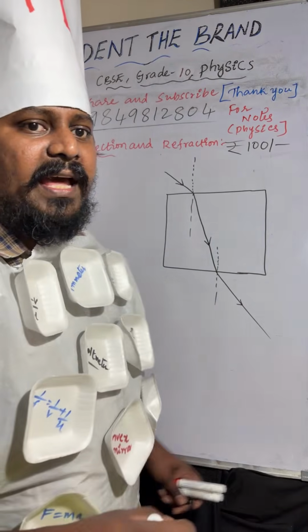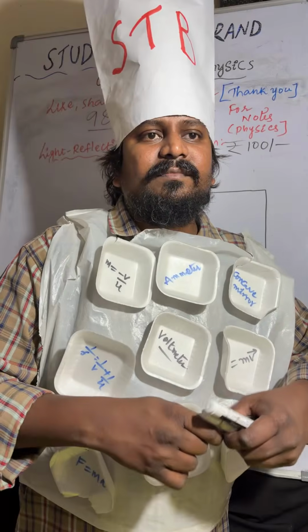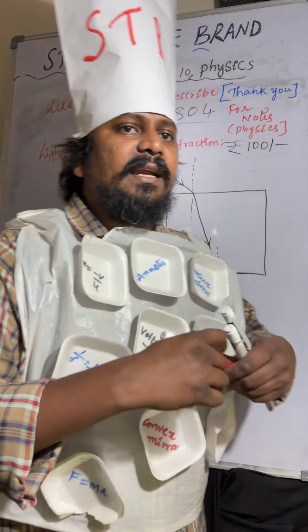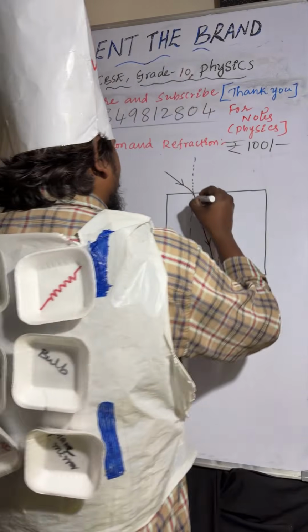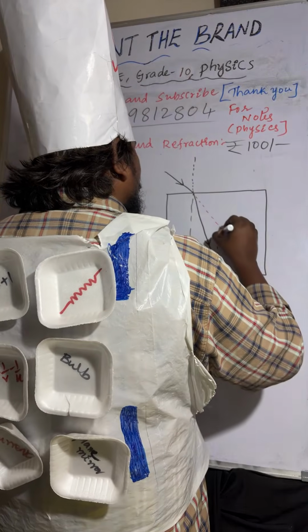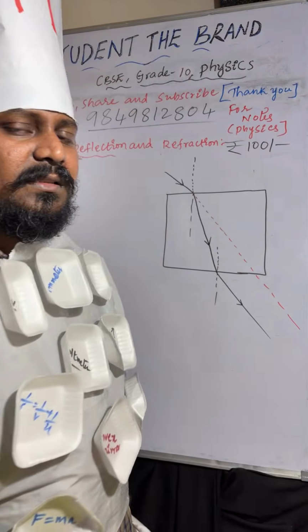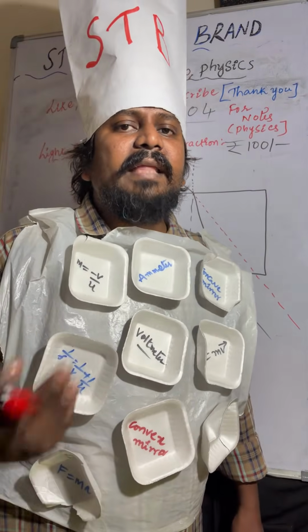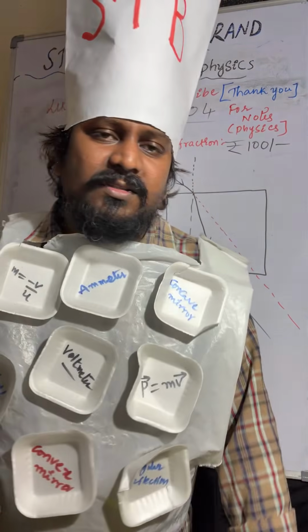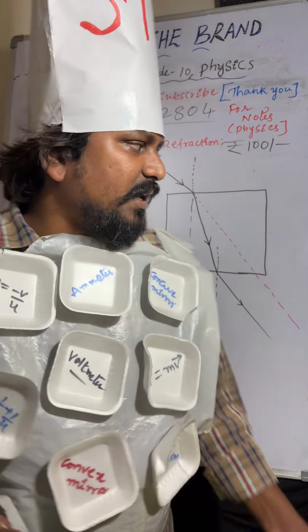We are extending the incident ray. The angle between the incident ray and the normal line is called the angle of incidence.